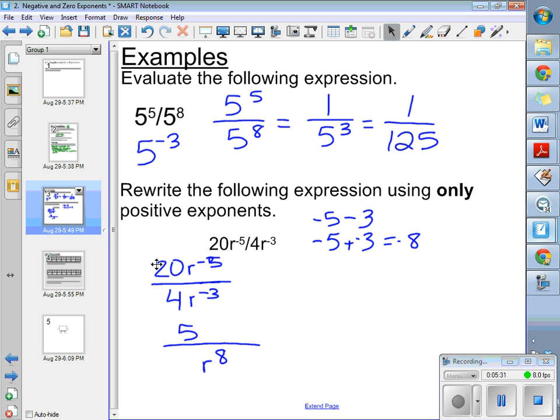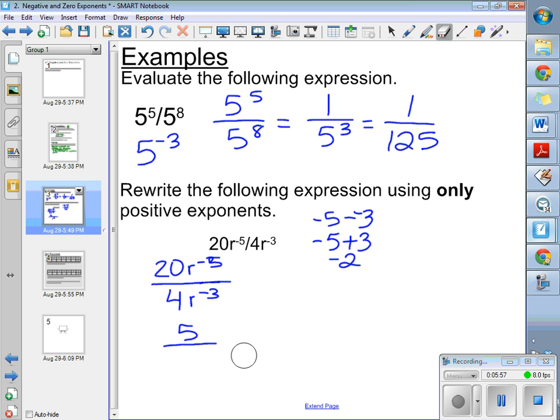Okay, hopefully that makes sense to you all. Because I simplified my negative 5 minus my negative 3. Hold on, let's look at this again and see if I've got that right. Minus becomes plus 3. So now it's just negative 2.